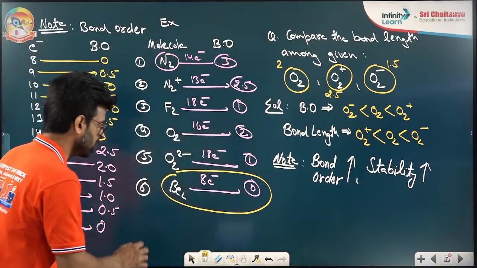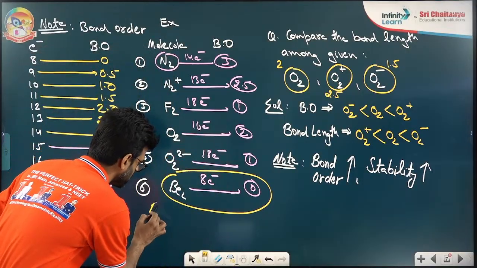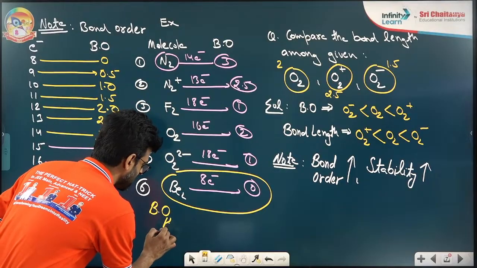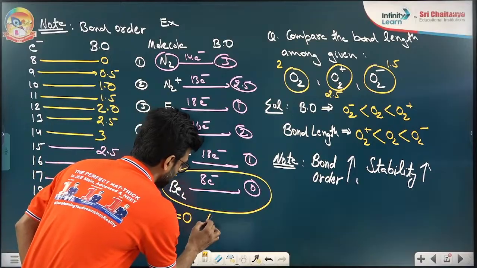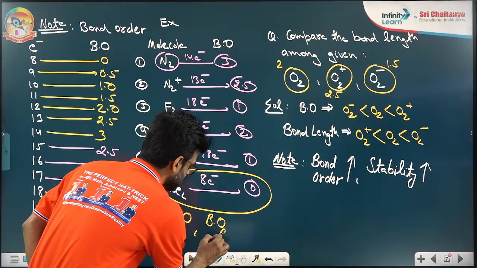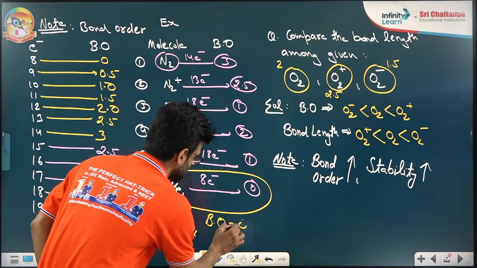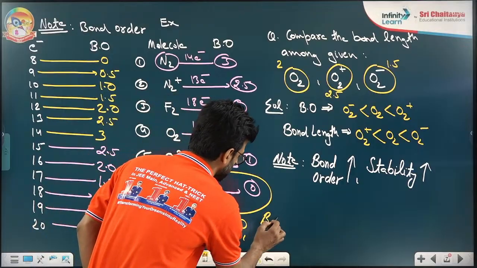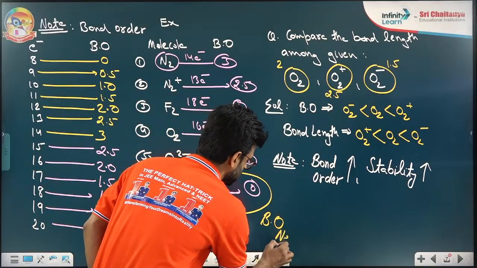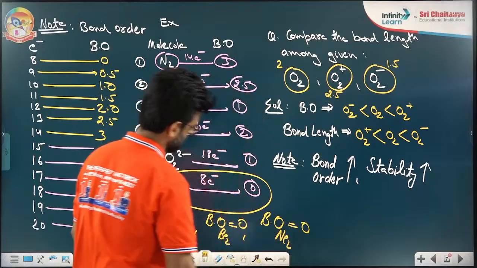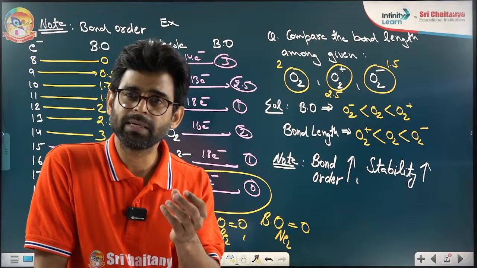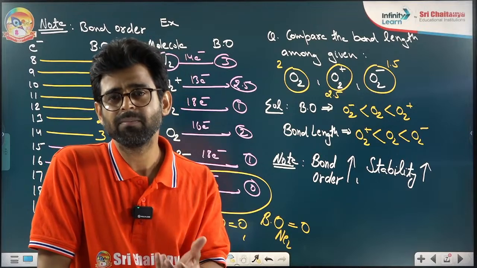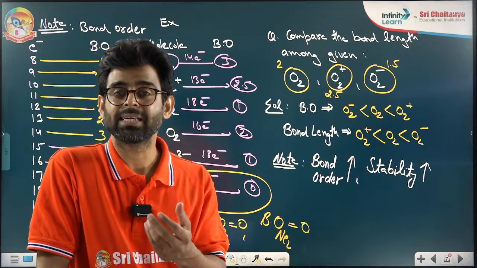Similarly, if I find the bond order between He2, the bond order comes 0. The bond order of Be2, just now I said, is 0. Similarly, the bond order of Ne2, how much comes? 0. If two atoms are not making a bond between them, that molecule definitely can't exist.